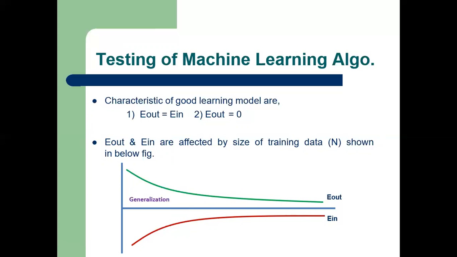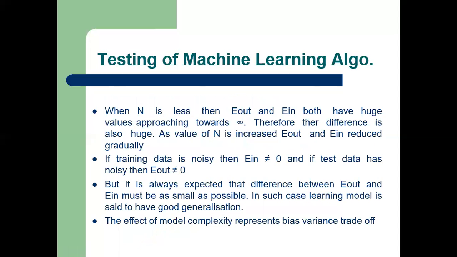The train error and test error are mostly affected by the complexity of the learning model. If a learning model is expressed as some equation, then the complexity of the model is basically the degree of that equation. Now we'll see this effect of the model's complexity.